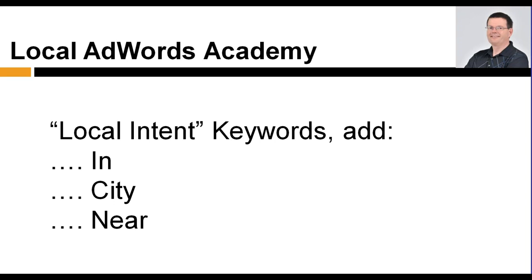If the search is "car repair in," then he already looks for a car repair company which is in his city, in his area, in his zip code. You guys get it? So it becomes a local intent search.